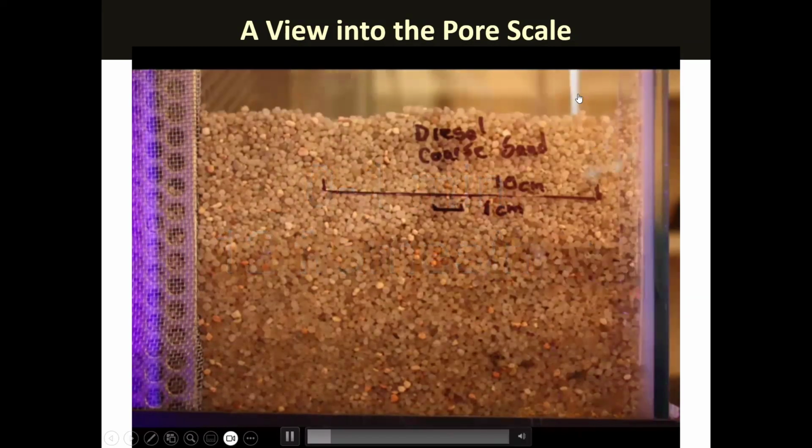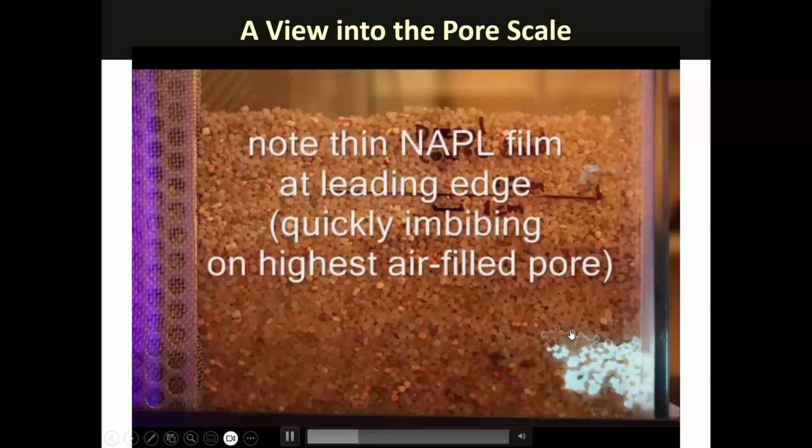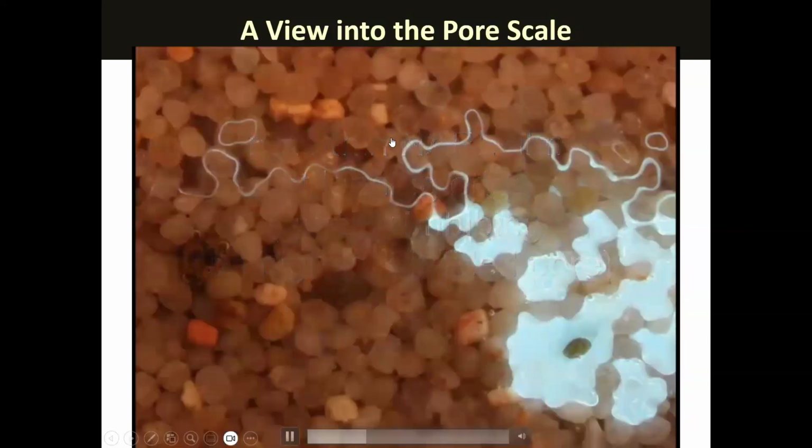There's that stream of diesel, and then it finds the water table. Some of it goes below the water table because of the high inertia that it fell with, but then you start seeing this sheen here. And the mobility is mostly associated with the three-phase, which is the sheen right here.